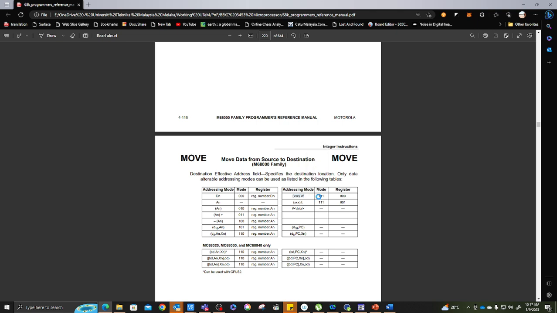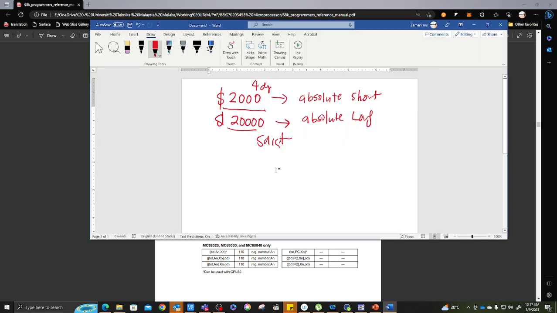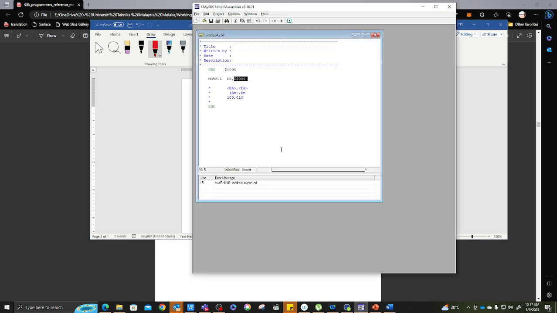You already have the mode and the register, and if you have the long one, which is more than 4 digits, you have the mode 111 and the register is 01. So for the case of data, data means that if the command here is move.long hash $45, 45 means you are sending it to 2000.